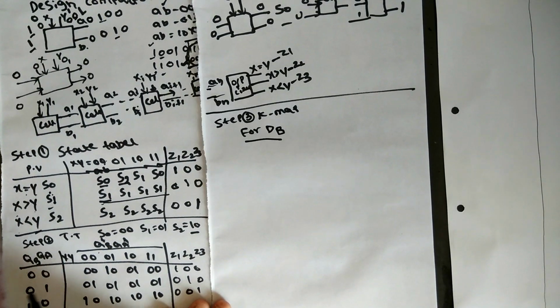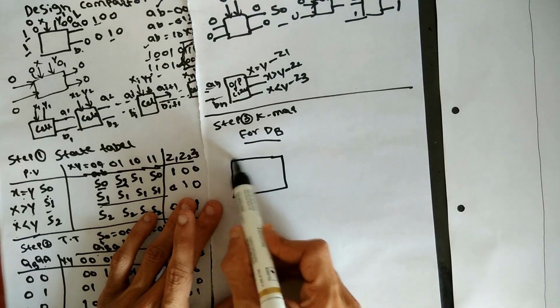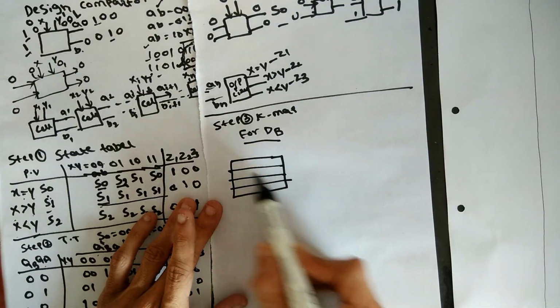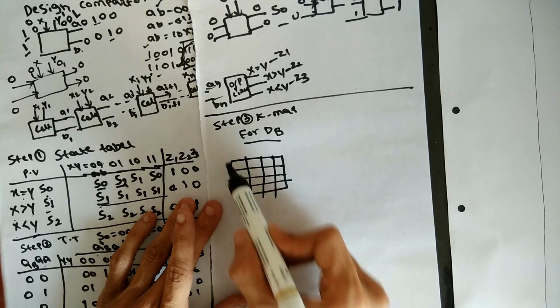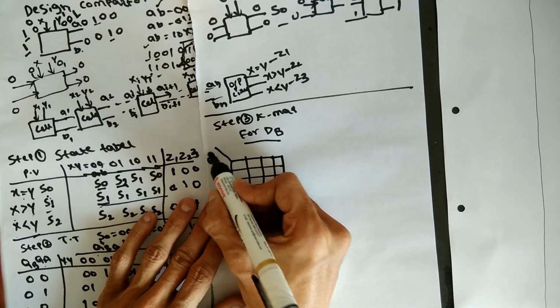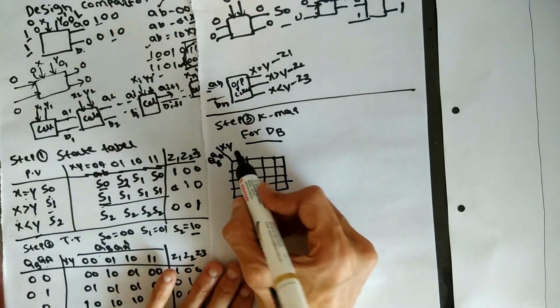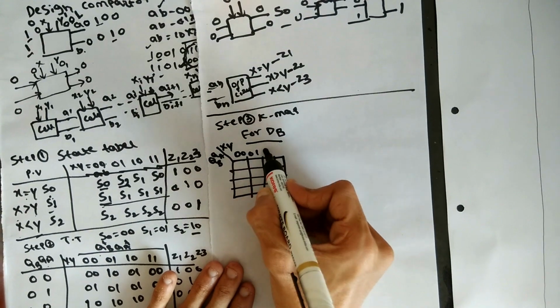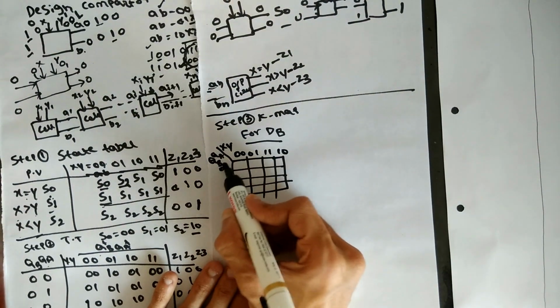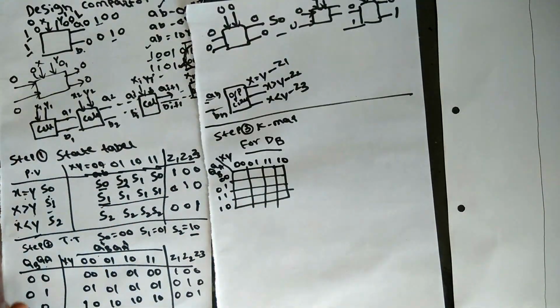Here I have to take 4 inputs, because QB QA are on one side and XY on the other side, so draw it as a 4 variable K-map. On this side QB and QA, and on this side X and Y, labeled 0 0, 0 1, 1 1, 1 0 on both.